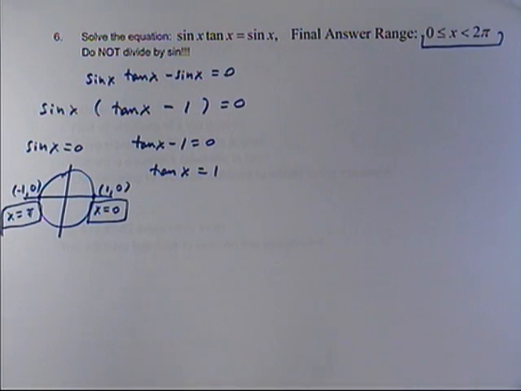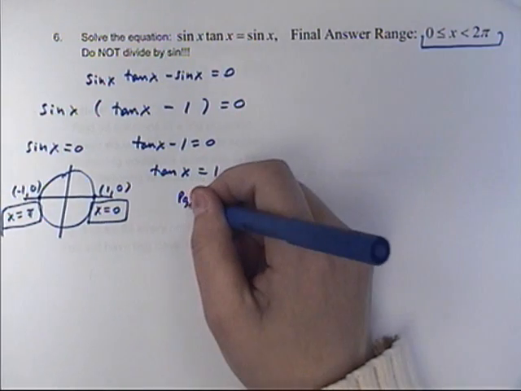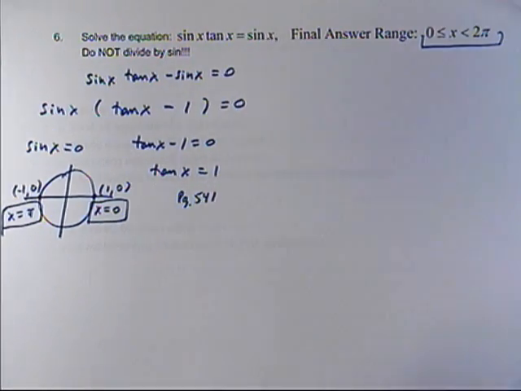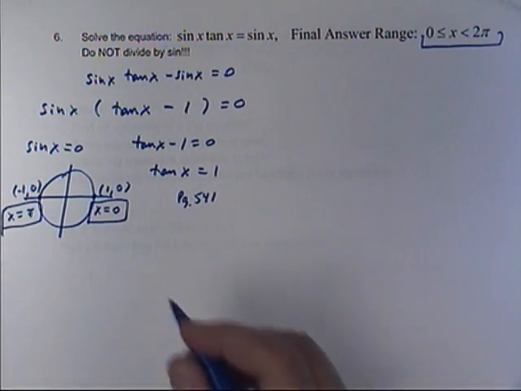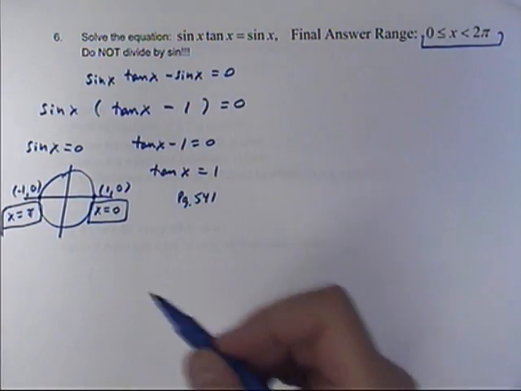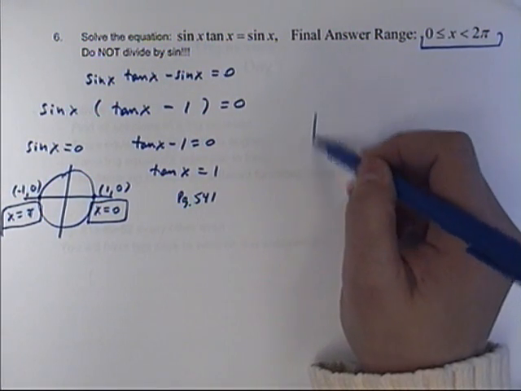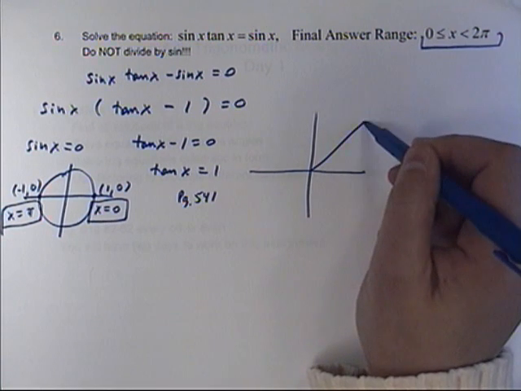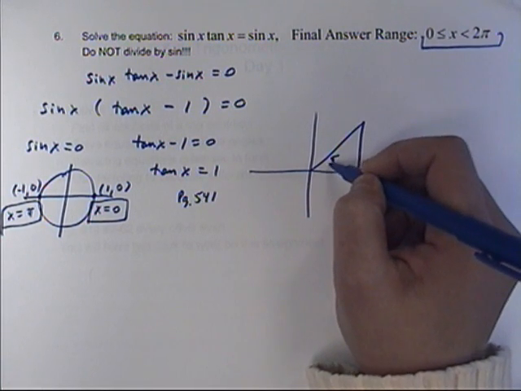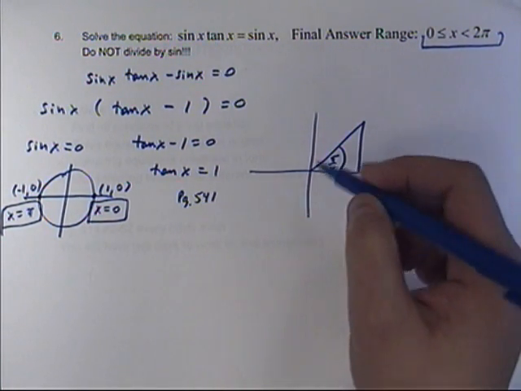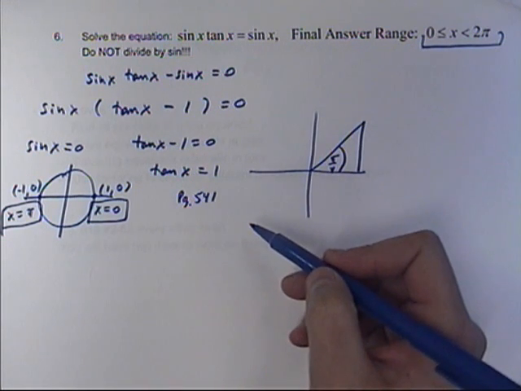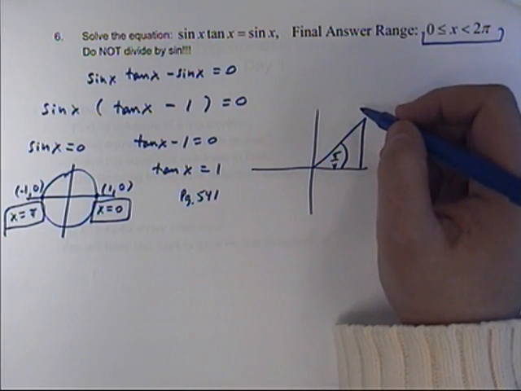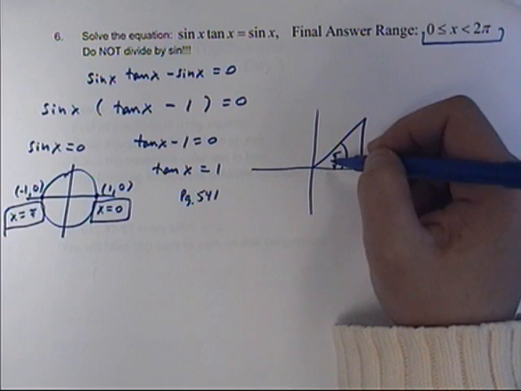Tangent equals 1 is a little bit trickier. Again, you can go back to the table on page 541 for tangent values. That's actually really helpful. And that'll tell you that you have a positive tangent value in quadrant 1 of pi over 4. Now it turns out tangent is positive in both first quadrant and third quadrant, because here y and x are both positive, so it gives you a positive answer.